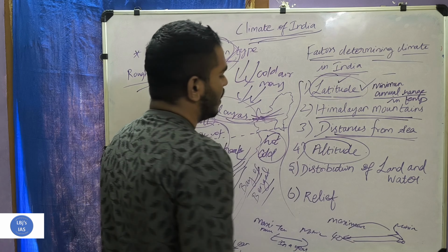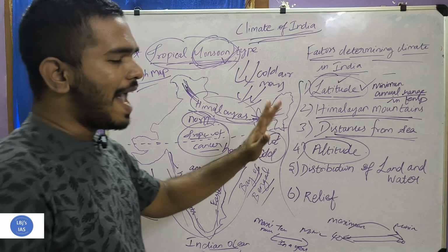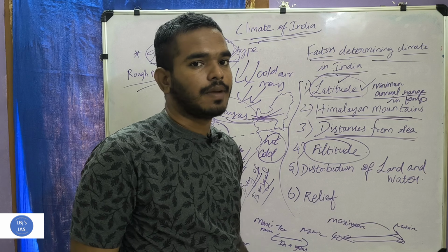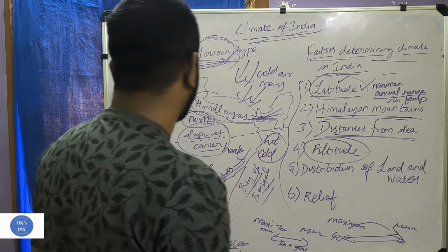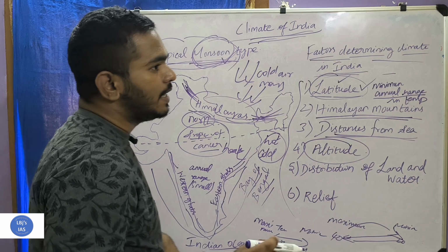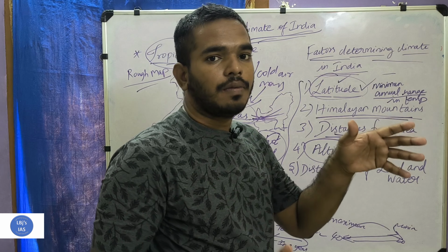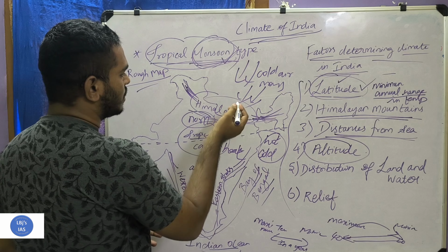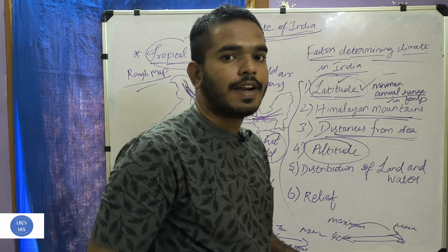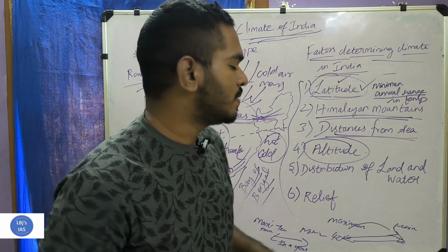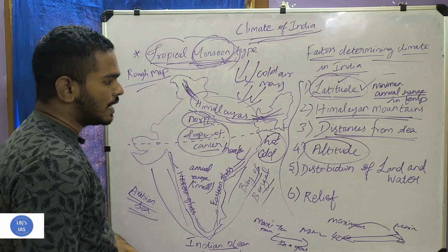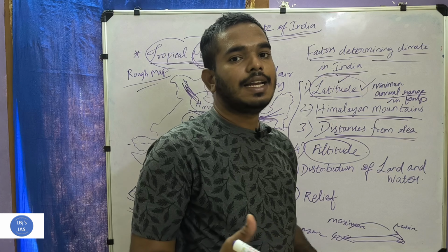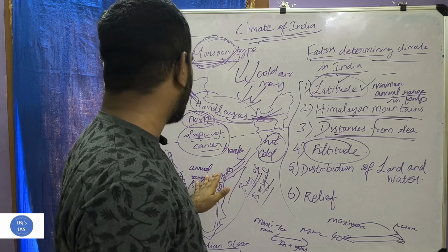Next one is the altitude. Altitude is nothing but the height of a region. Some places in India have higher altitude, for example the Himalayan regions, or some elevated places due to the presence of mountains, and the Western Ghats, having a high altitude due to the mountains.